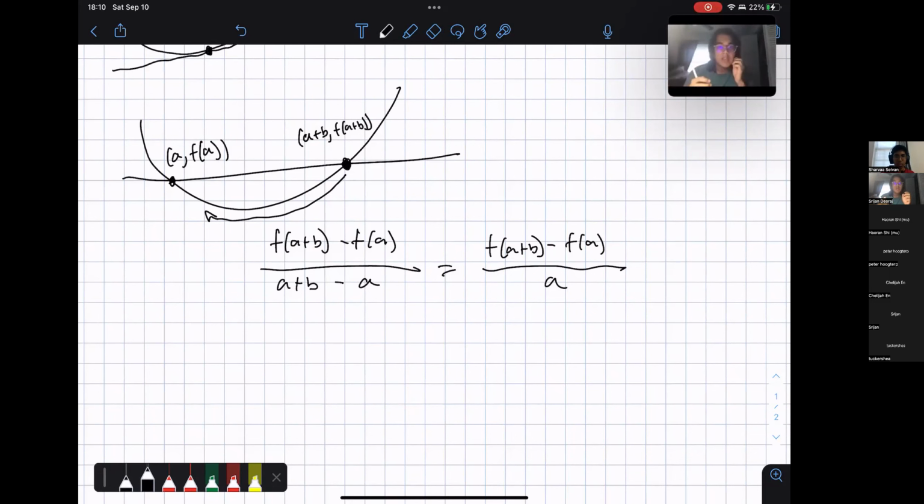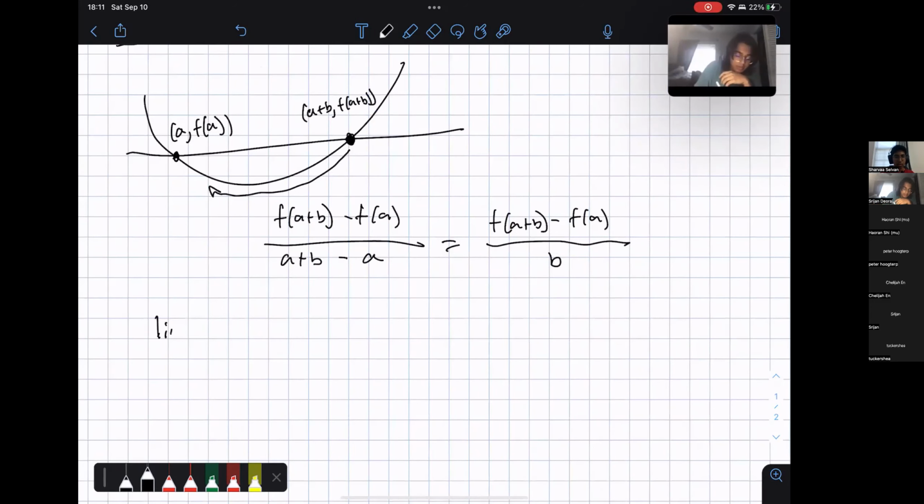So we're trying to make b as small as possible, because that'll approach a. You'll have 2 points that are infinitesimally close to each other, and that gives us the tangent line at that point.